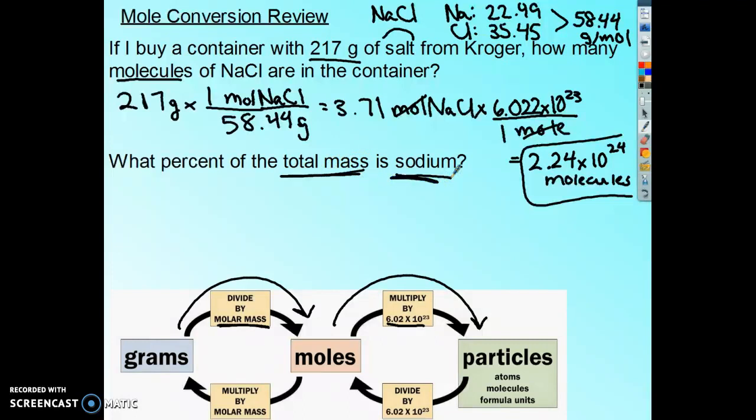So the part that we're interested in is not the chlorine. The part that we're interested in is the sodium. So we're going to put that in the numerator, 22.99 grams. And then our denominator is not going to have the chlorine. It's going to have the whole molecule because the total mass is talking about the whole thing, which is sodium chloride, 58.44 grams. So we divide that and multiply by 100, and that will give us our percent of sodium.